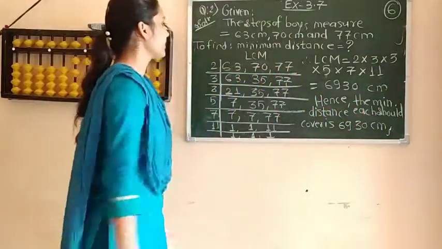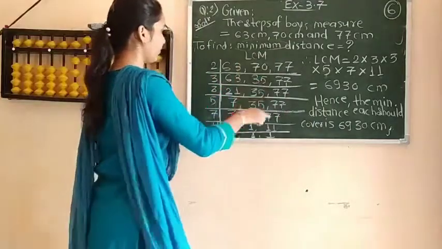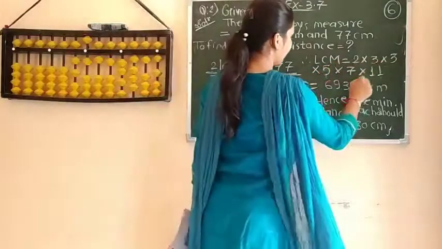This is the answer. The word is minimum, so that's why we found the LCM. This is the method to find LCM, and whatever factors we are getting, we multiply them, and this is the answer.